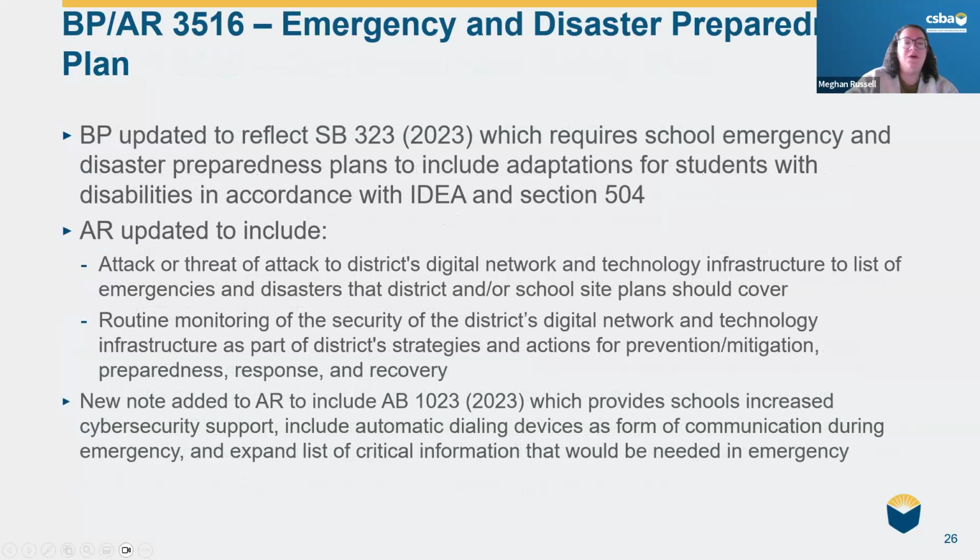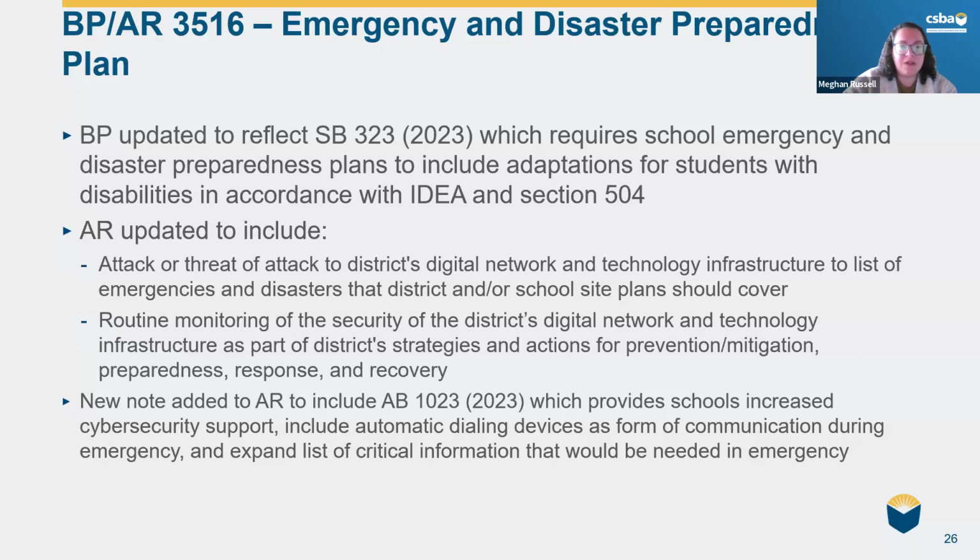And then we also updated BP and AR 3516, which is emergency and disaster preparedness plans. And so those have been updated to reflect SB 323, which, as we just discussed, requires school emergency and disaster preparedness plans to include adaptations for students with disabilities in accordance with IDEA and Section 504.